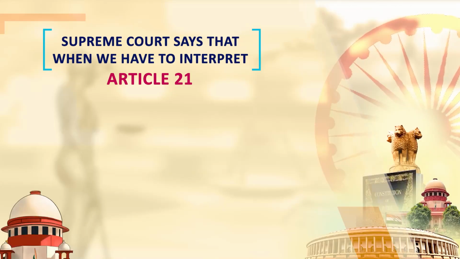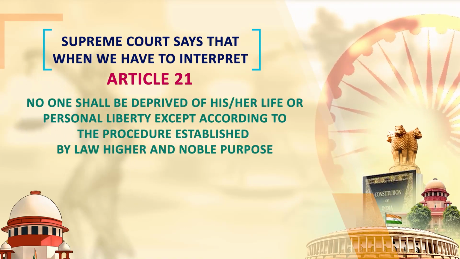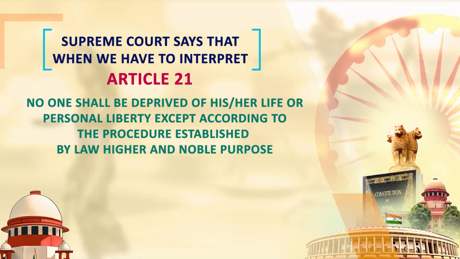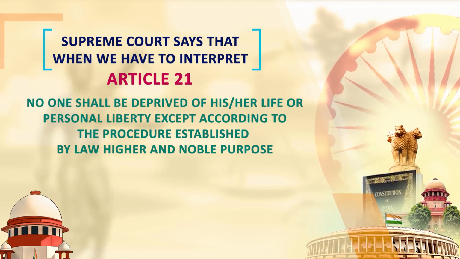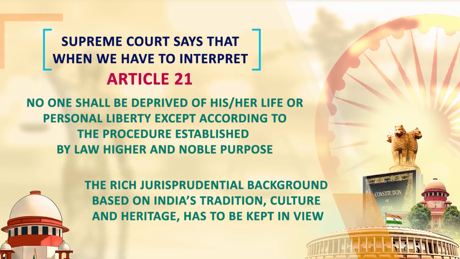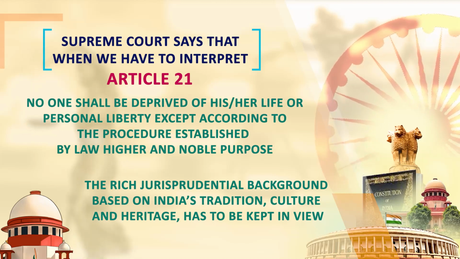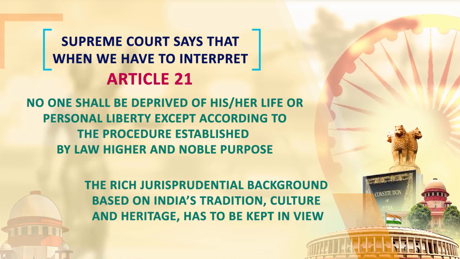So given this backdrop, the Supreme Court says that while we have to interpret Article 21, that is, no one shall be deprived of his life or personal liberty except according to procedure established by law, these high and noble purposes, the rich jurisprudential background based on India's tradition and culture and heritage, have to be kept in view.